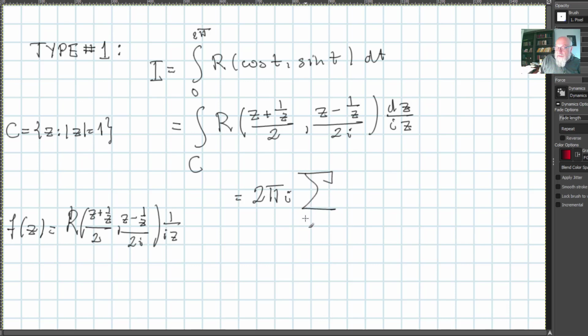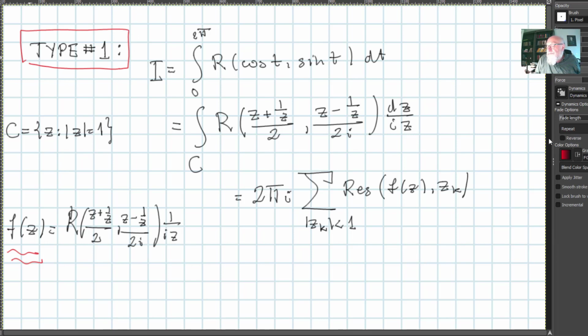Namely, you take the sum of residues of all singular points inside the circle. This is the residue of this function f of z at the point zk. So that's type 1.